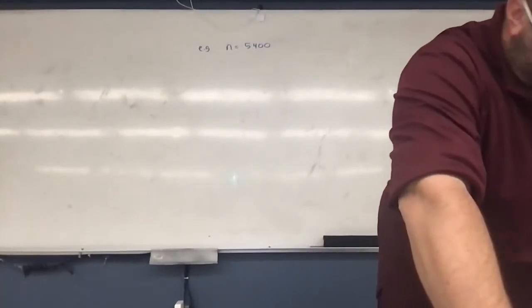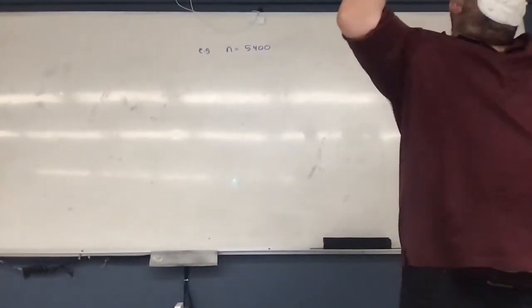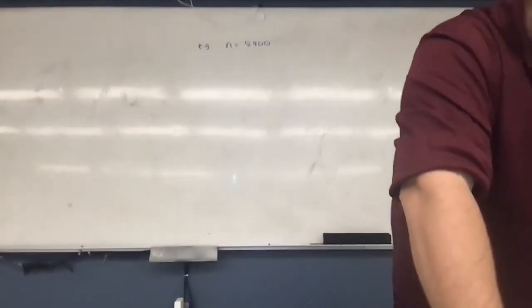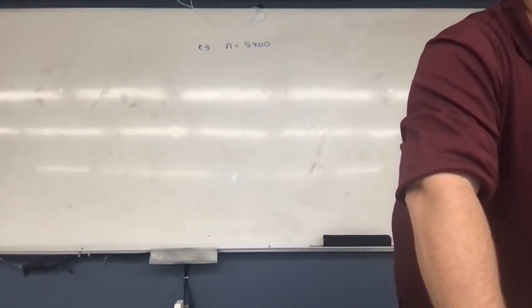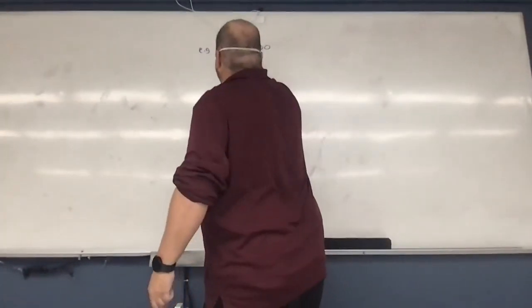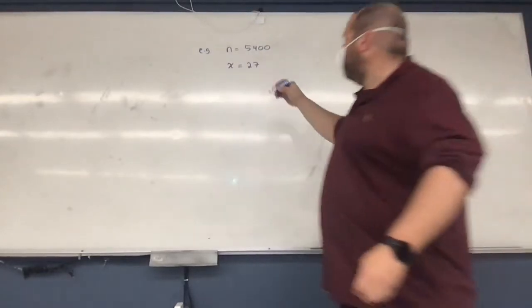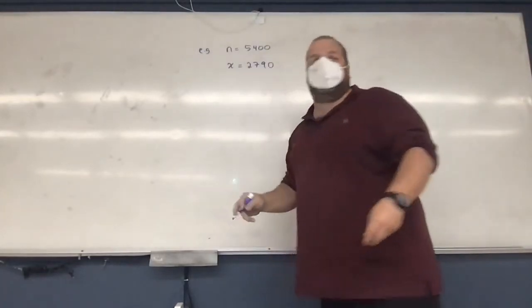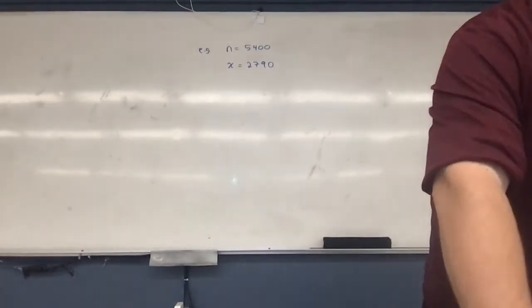Participants selected the target 2,790 times. So what is that? That's the number of successes, not the success rate. So that's how many of the 5,400 were successes.